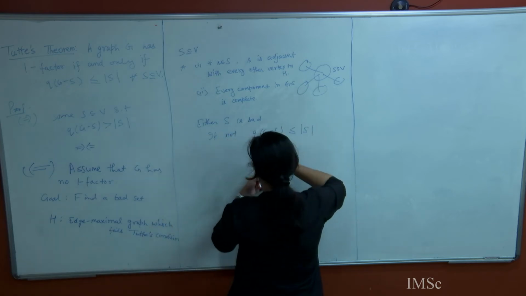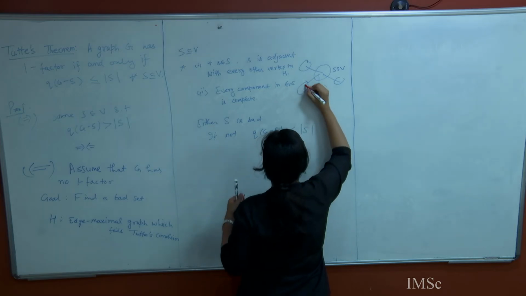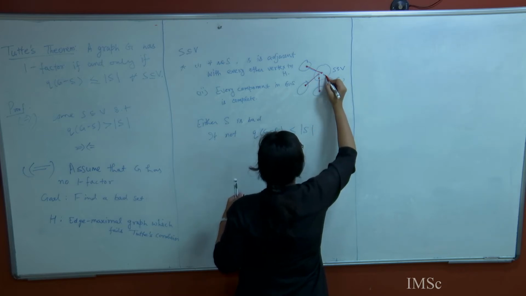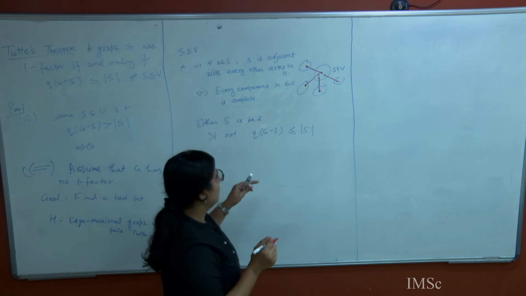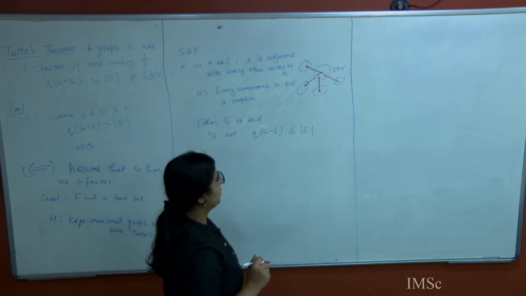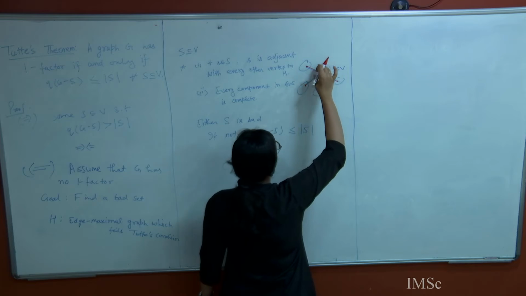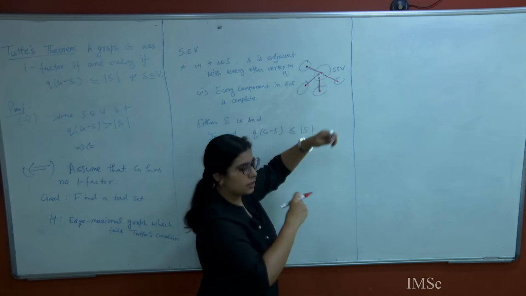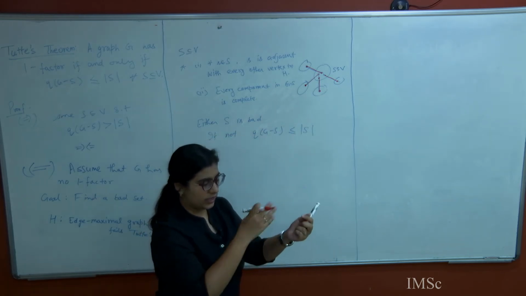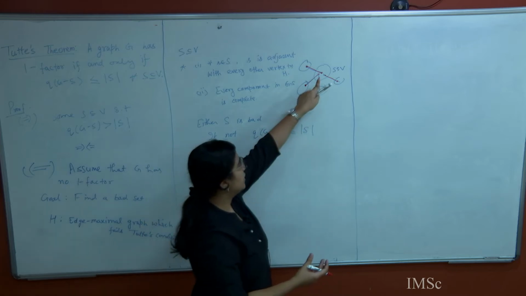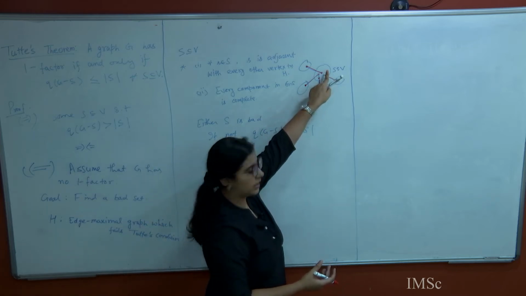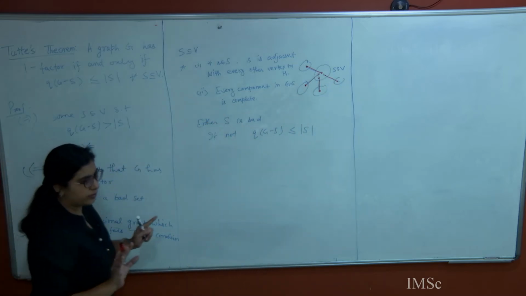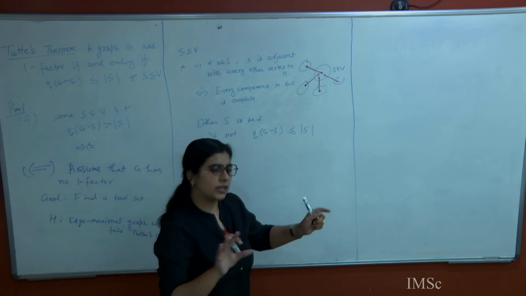So we can match one extra vertex like this, because the cardinality of S is at least q(G minus S). Okay. And because of the star property every component is a clique, so we can match all other vertices inside the component and inside S also. But we started by assuming that G has no one factor, that means I should not be able to match everybody.